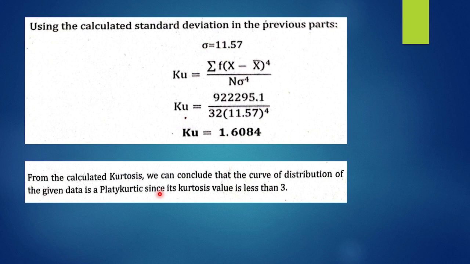Kurtosis will become 1.6084. From the calculated kurtosis, we can conclude that the curve distribution of the given data is platykurtic since its kurtosis value is less than 3. Same as the earlier example, our kurtosis is platykurtic.